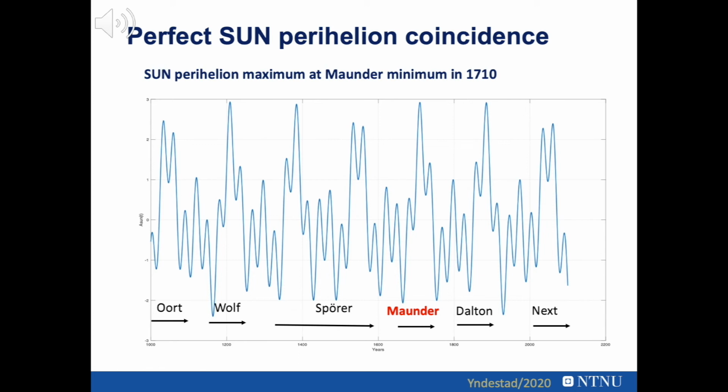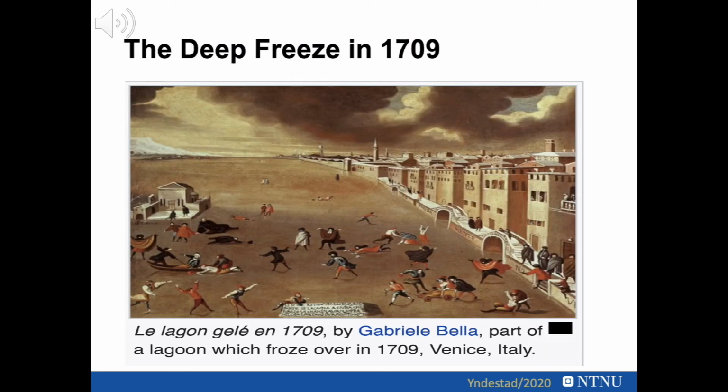The planets had a computed perfect perihelion coincidence at the year 1710 in the cold Maunder period. The year 1709 is known as a deep freeze year. It was the coldest year ever recorded. This is a picture from Venice, Italy, where people were walking on ice on the sea outside the city.